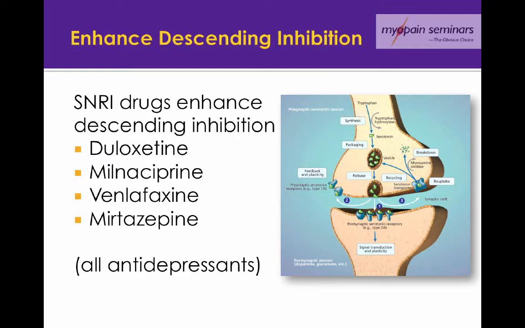These are also known as antidepressants. These drugs enhance descending inhibition, especially in chronic pain, by increasing the activity of the supraspinal centers in the brain that mediate descending inhibition, such as the rostral ventral medulla or the periaqueductal gray matter, as an example.